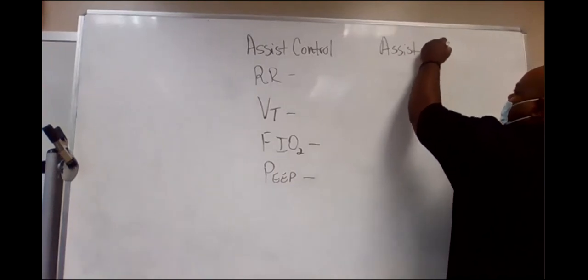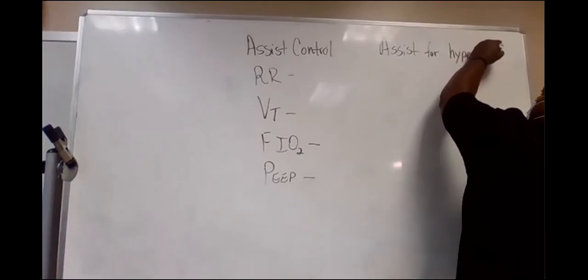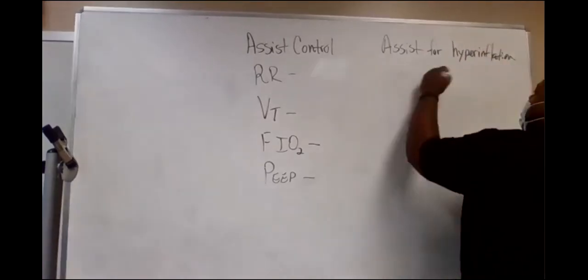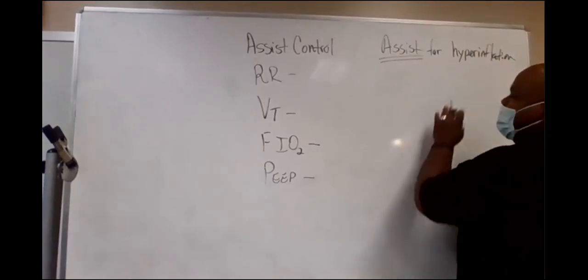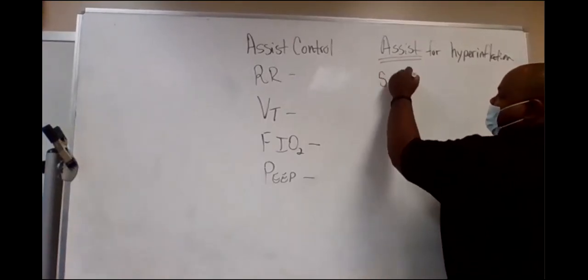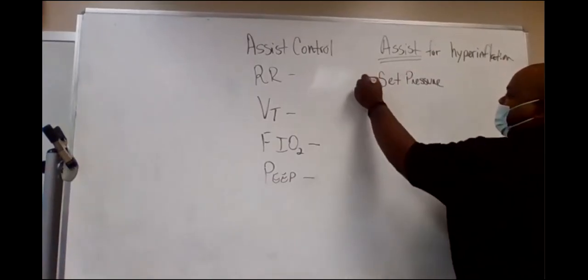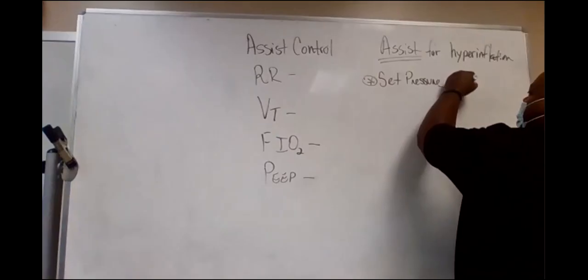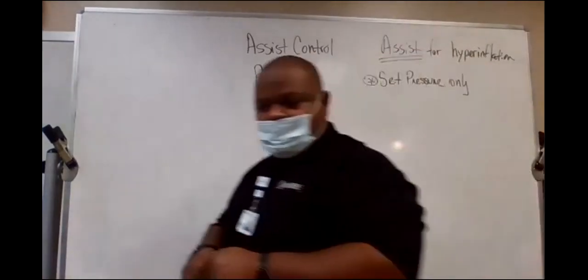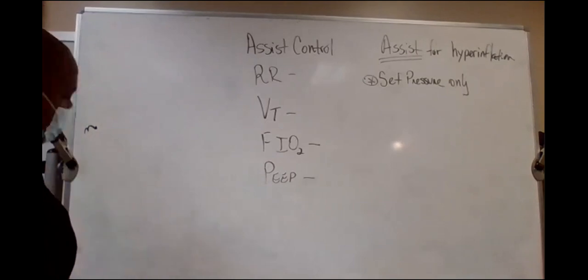So for assist mode for hyperinflation, all we're going to do is give a set pressure only. Get another marker, this one's going out on me. Yeah, like that.